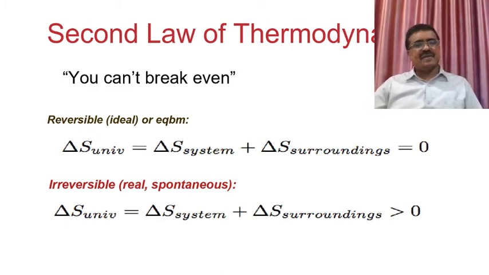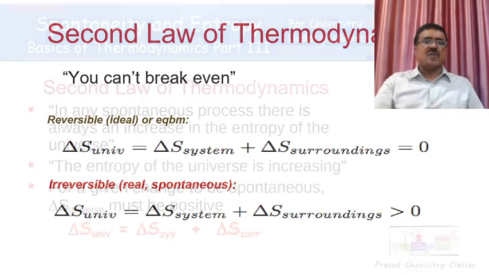That is another thing; we leave it now. So delta S universe, that is delta S total, is equal to delta S system plus delta S surroundings. That is equal to 0 for ideal reversible processes or processes at equilibrium. And for irreversible processes, which are real and spontaneous, the total change in entropy will be greater than 0.